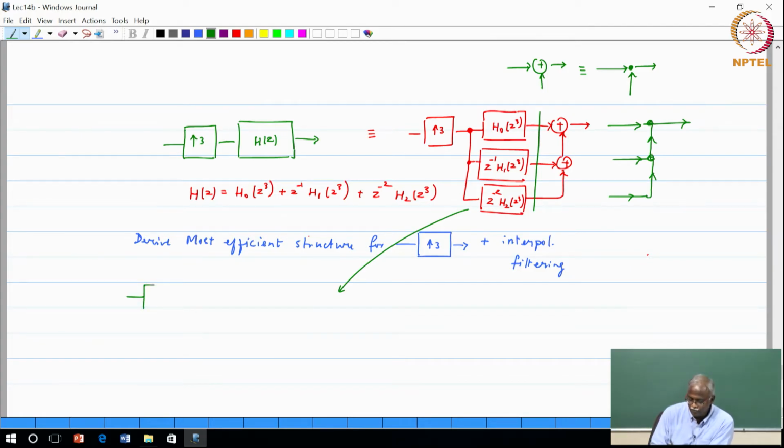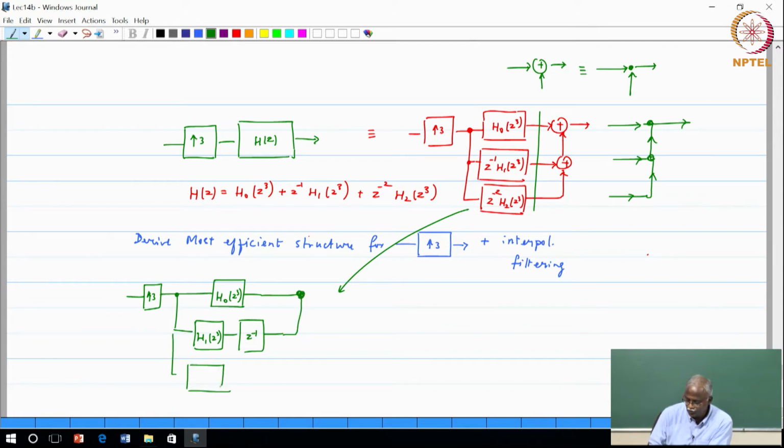So, upsampling by a factor of 3 using the convention, this is H naught of Z cubed, the lower branch is H1 of Z cubed followed by Z inverse, signals to be added, and then the other branch is H2 of Z cubed followed by Z power minus 2, and this signal also to be added.